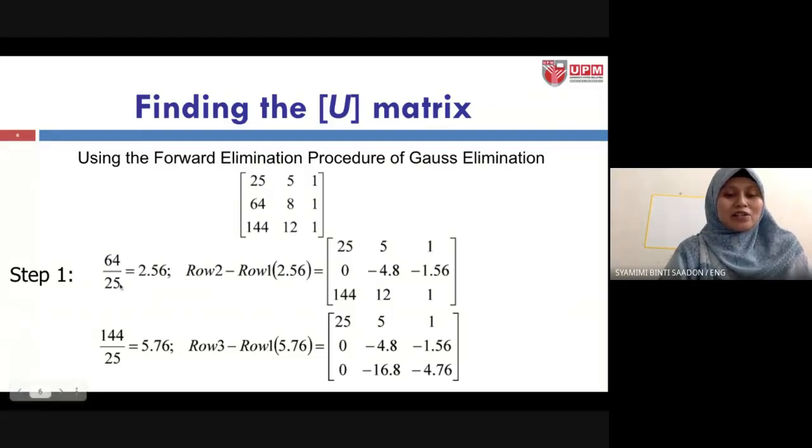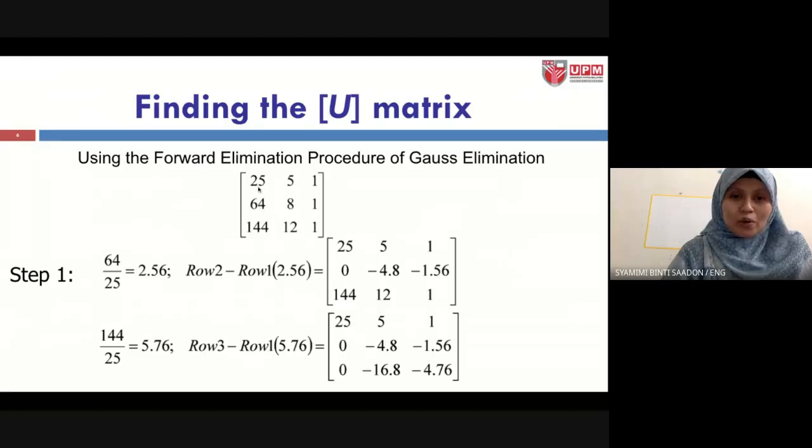Here is the most common example. We divide 64 by 25, the second row with the first row, and then we get the coefficient, which is 2.56.